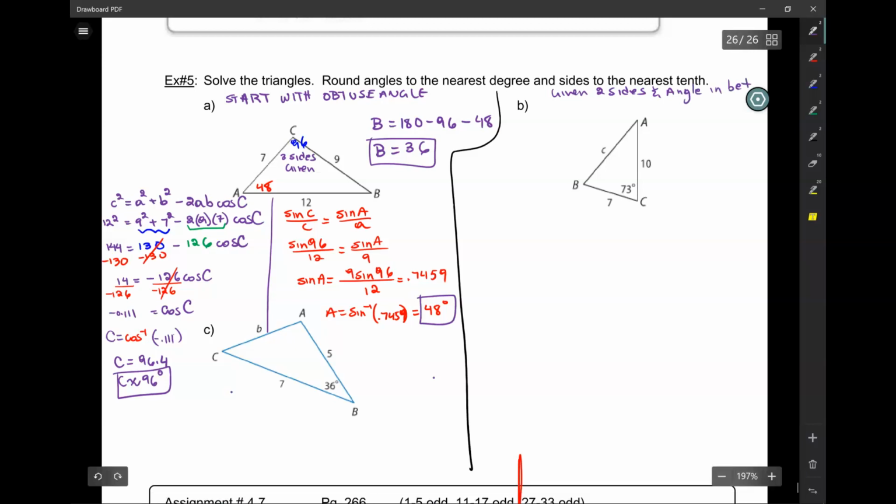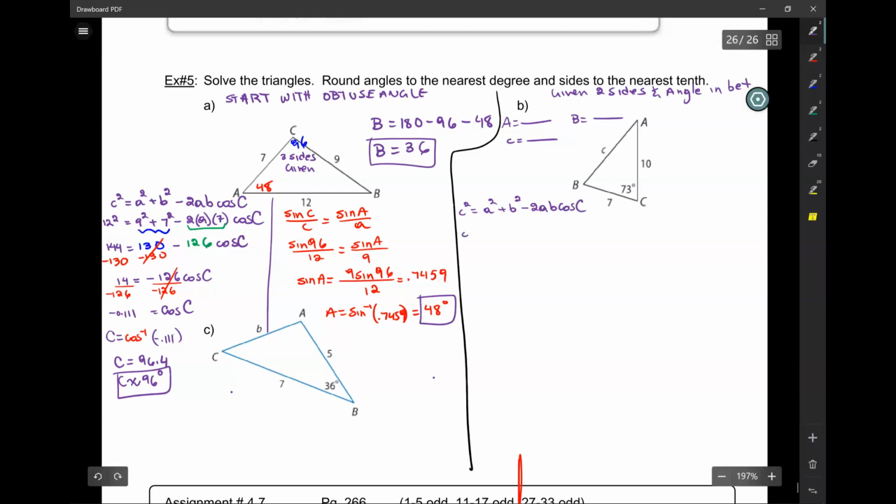We need to find angle A, angle B, and little c. Okay, if you have an angle given, I would start with that angle, right? Let's start with C. So C squared is equal to A squared plus B squared minus 2AB cosine C.